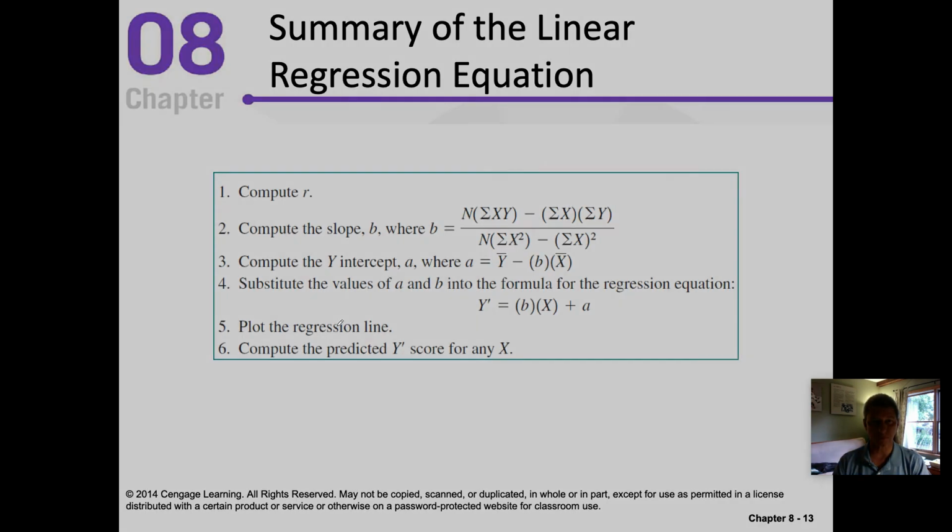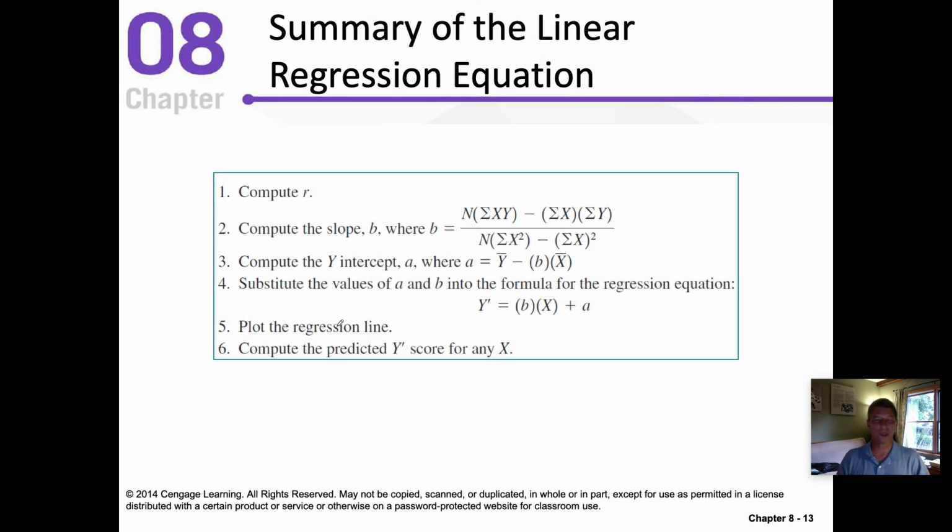Okay. All right. So here's the summary of how to calculate the linear regression equation. The first thing you have to do is calculate the correlation coefficient that we did in chapter 7. Then you can compute the slope, where the slope equals n times the sum of the products of x and y, minus the product of the sum of x and the sum of y, all over n times the sum of x squared minus the sum of x quantity squared.